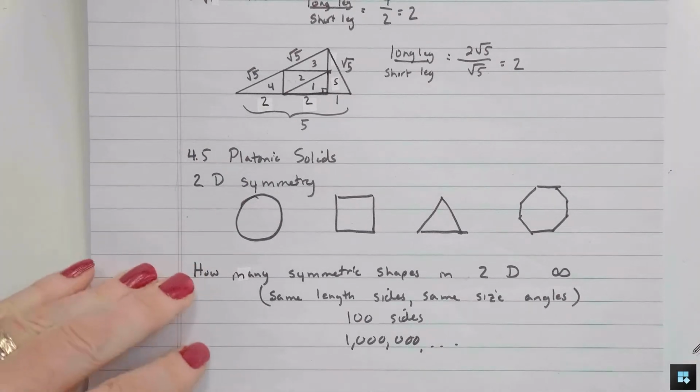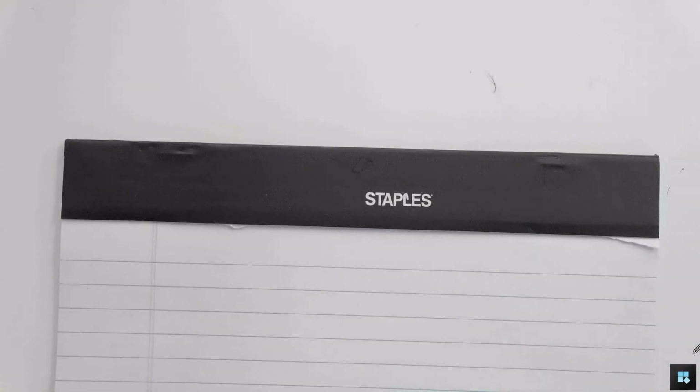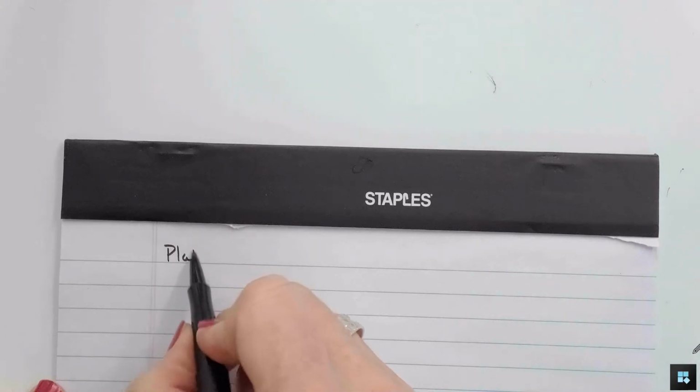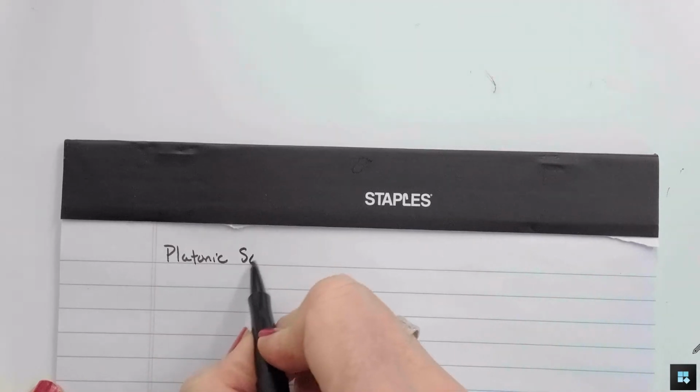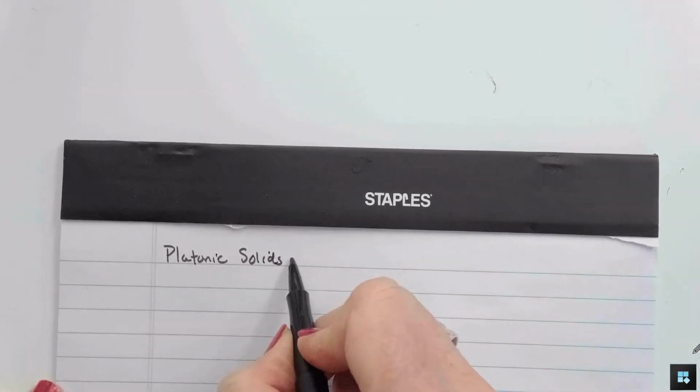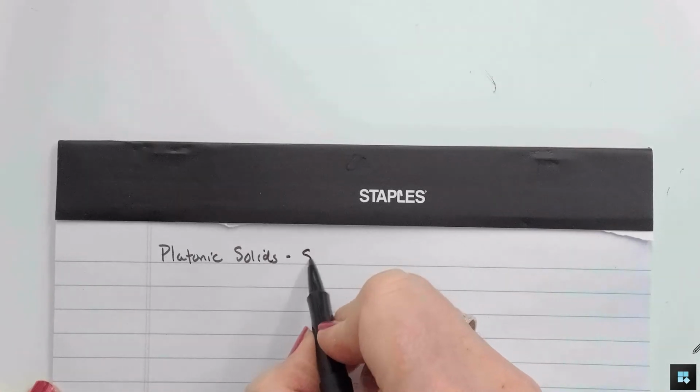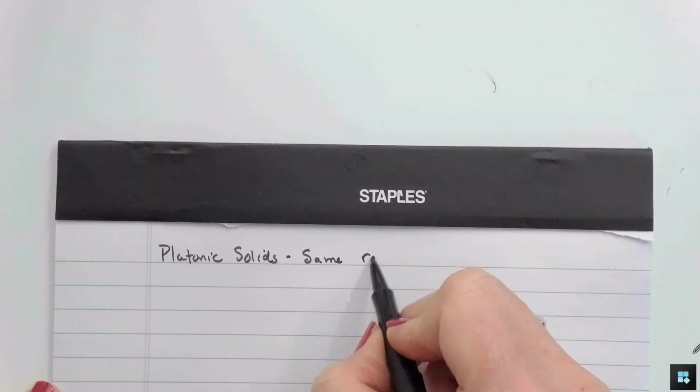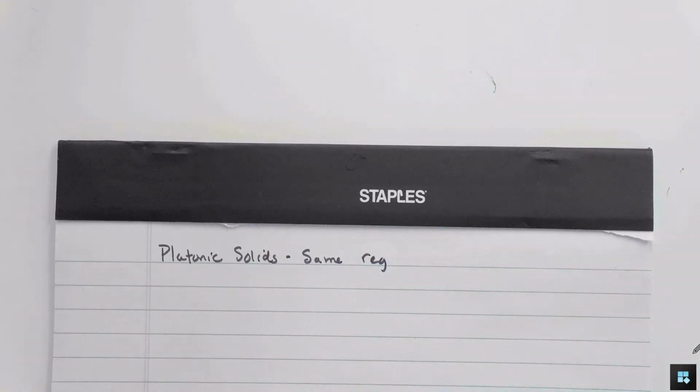What you see with those Platonic solids in 3D is you see the same. Why don't I copy it down like I wrote it so it comes out nice.